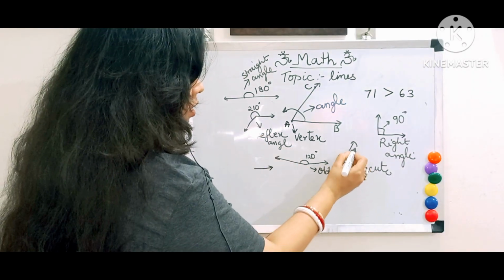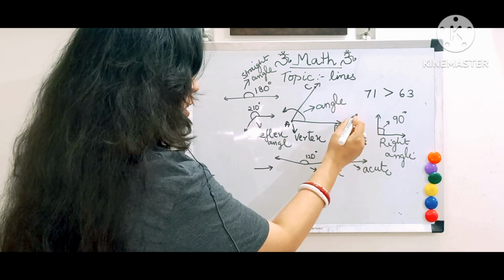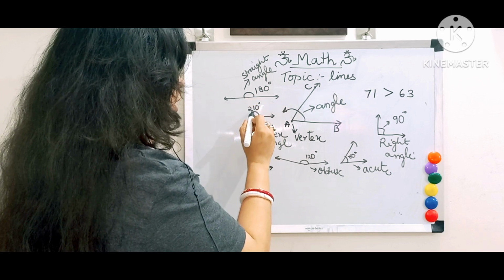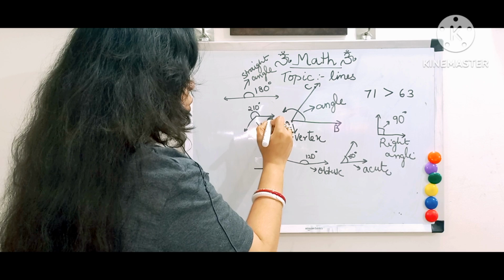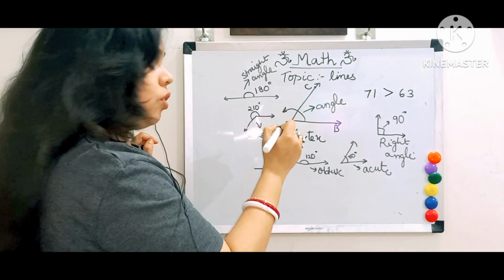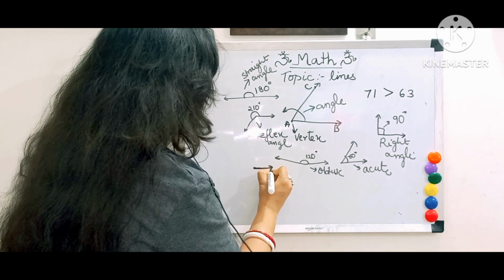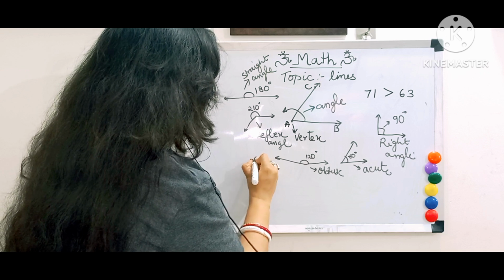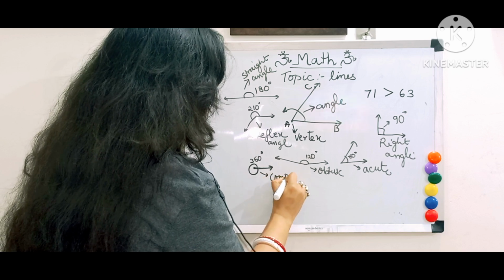Suppose this ray is moving from 60, then 90, then 120, then 180, then 210, and from here it will move and overlap with the starting ray. And that angle we will call 360 degrees, and this angle is a complete angle.